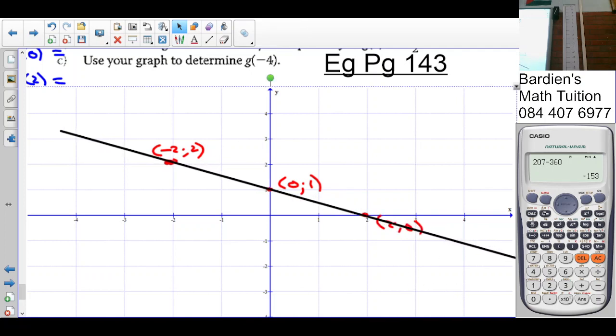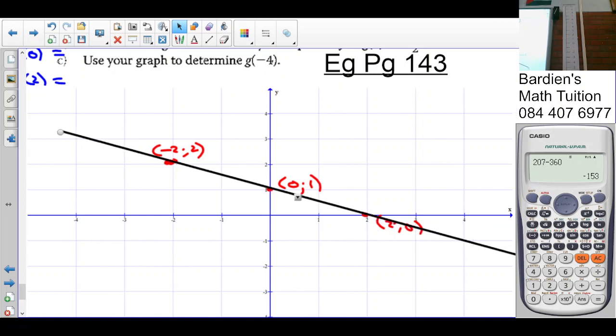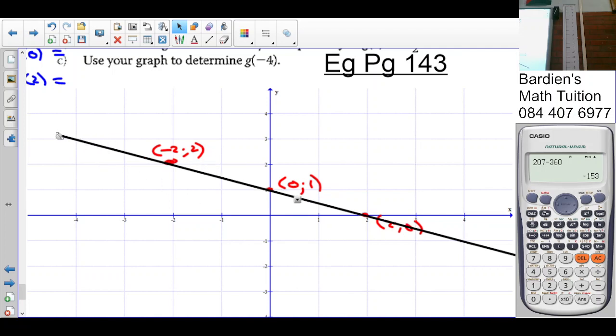And there we go. There's a graph you guys will draw, not so? Right, there we go. That's the graph.